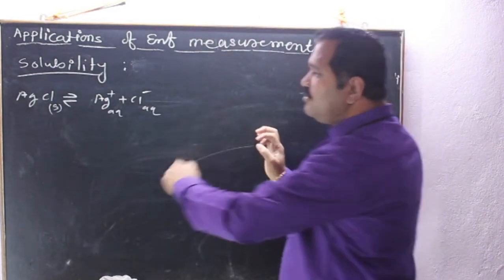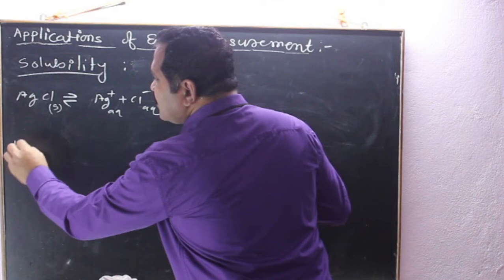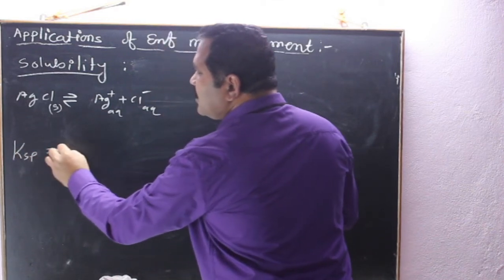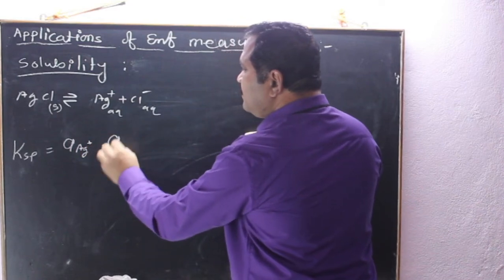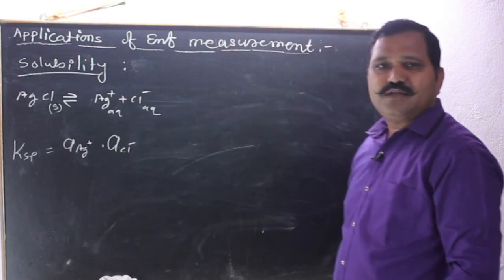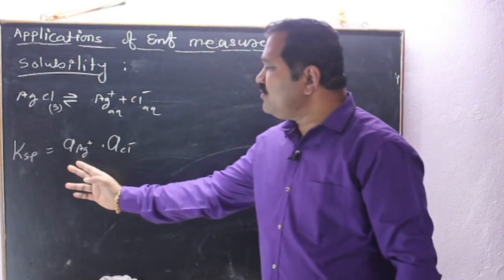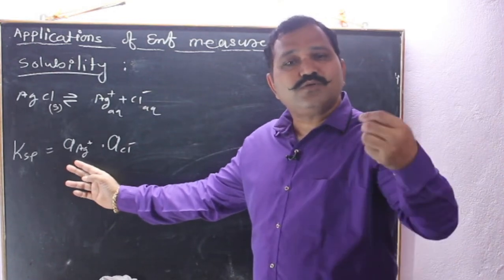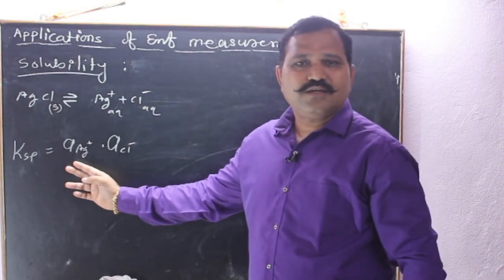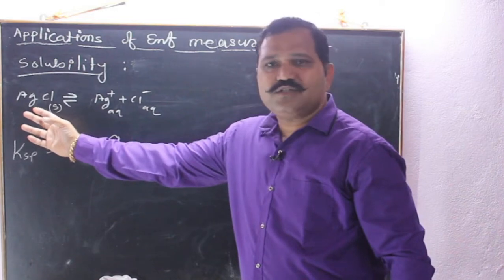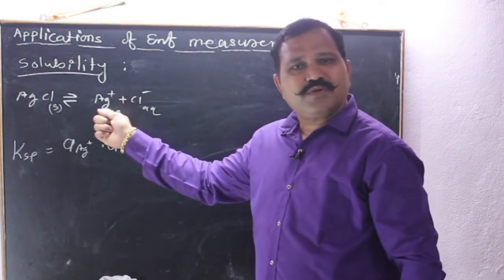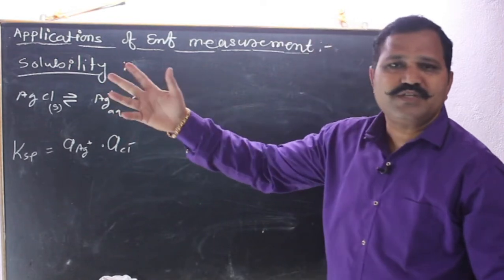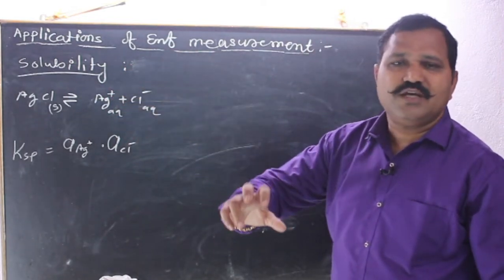Now its solubility product, Ksp is equal to activity of Ag plus into activity of Cl minus. Now what is the activity of Ag plus? It is equal to its solubility. Whatever amount of AgCl is dissolved, the same is the concentration of Ag plus ion and the same is the concentration of Cl minus ions, activity of Cl minus ions.